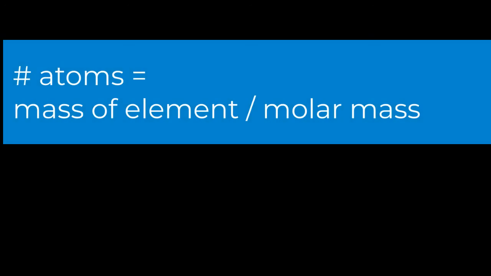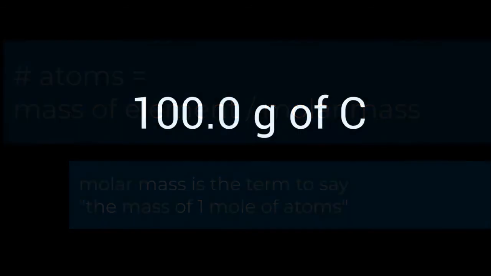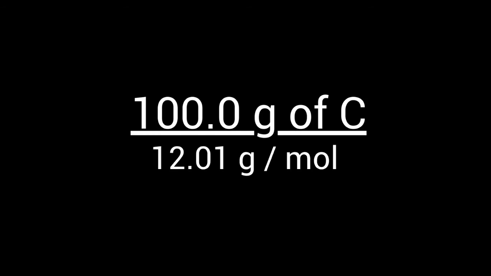Some of you may have figured this out already, but if you have any mass of an element, you simply divide that mass by its molar mass found on the periodic table. For example, if I have 100.0 grams of carbon, you would take that 100.0 grams and divide it by the molar mass of carbon. What's the molar mass of carbon? 12.01 grams per mole.